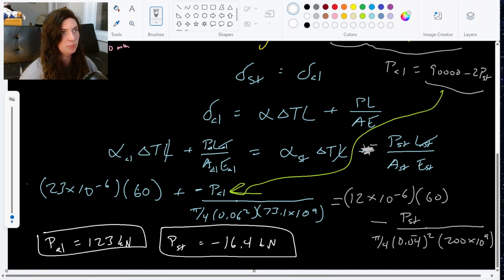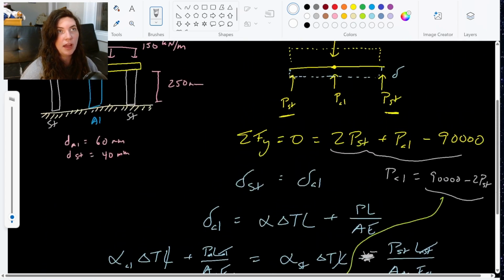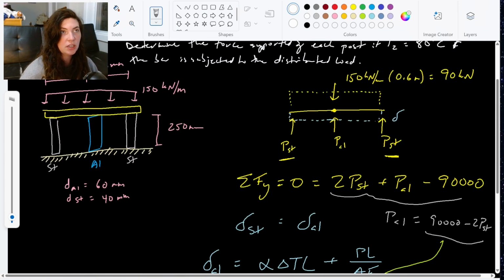Right, so what does that mean practically? That means that our steel posts are in tension. The way I had drawn them, I had assumed everything was in compression, but our steel posts are actually going to be in tension. They're going to be pulled up by that fixed bar. That fixed bar is pulling up on them.